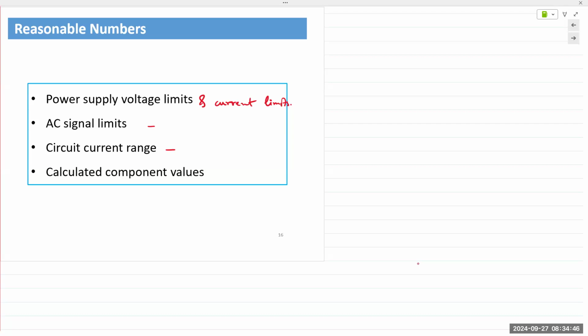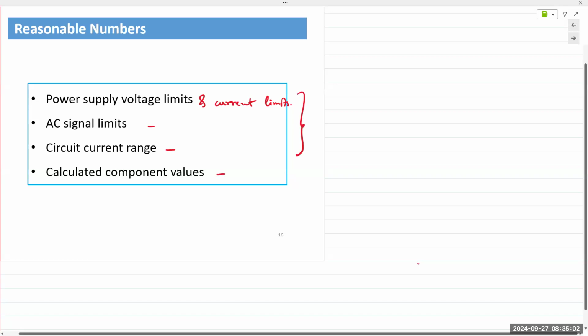And so that's what is meant by AC signal limits, right? So AC signal can also not be more than your DC biasing voltages, and any voltage or current in the circuit cannot be more than the source or supply voltage. So all three of these are in the same category.